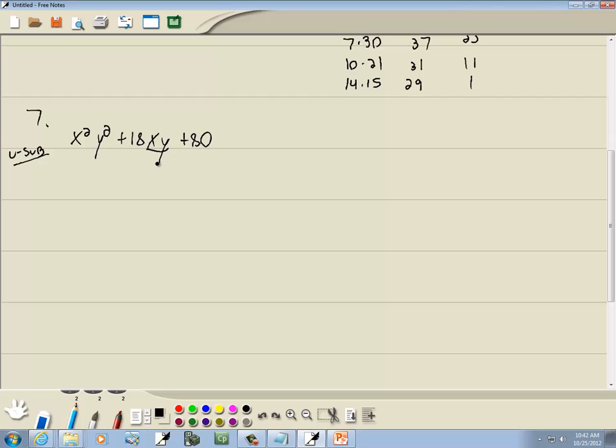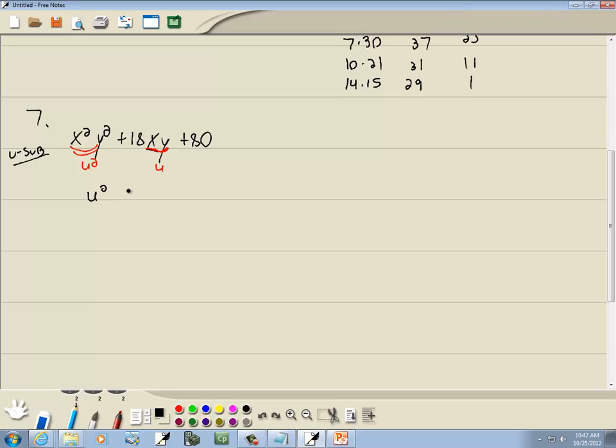So this is going to be u, and this will be u squared. Remember, you can use a U-substitution if you can take the variable part of the middle, excluding the 18, the coefficient, square it, and it gives you this. That's when you can use a U-substitution.